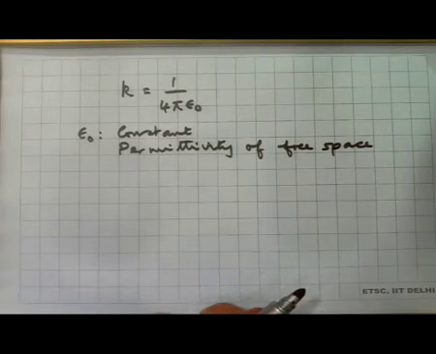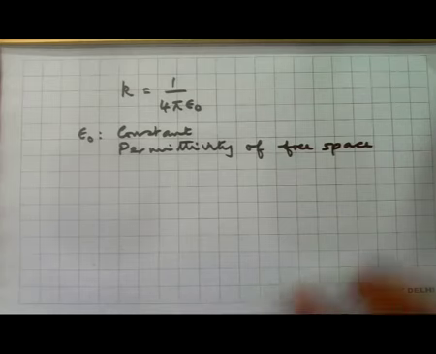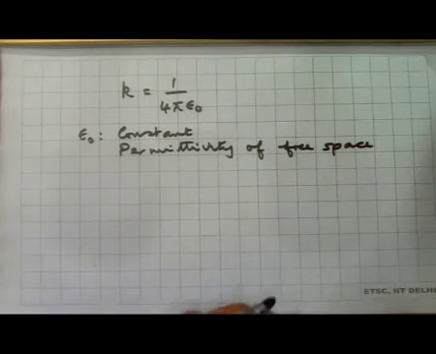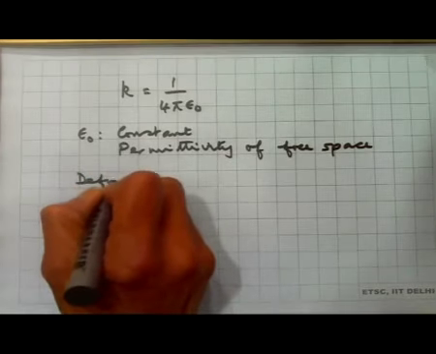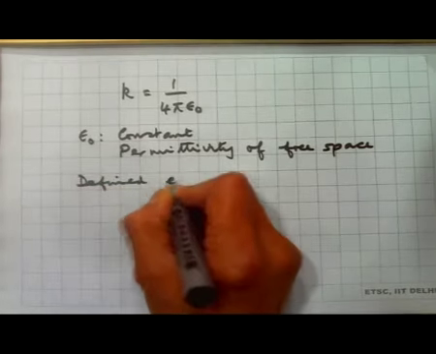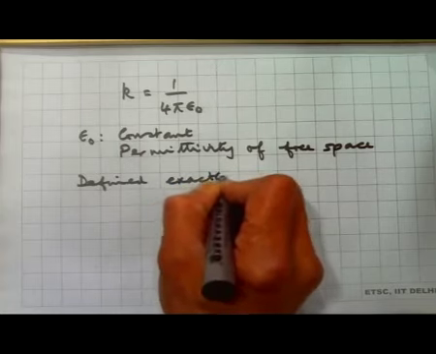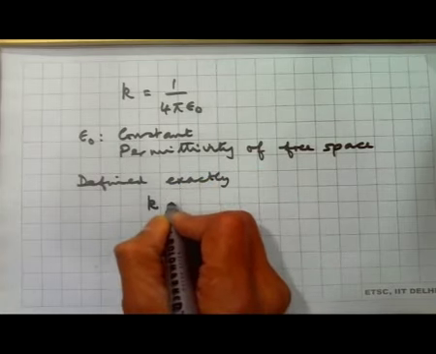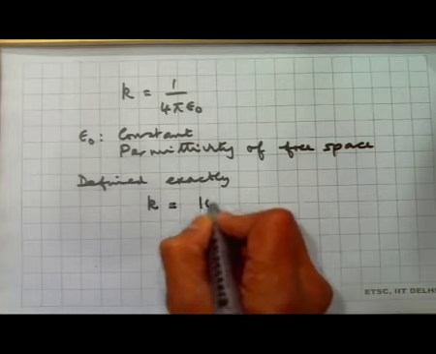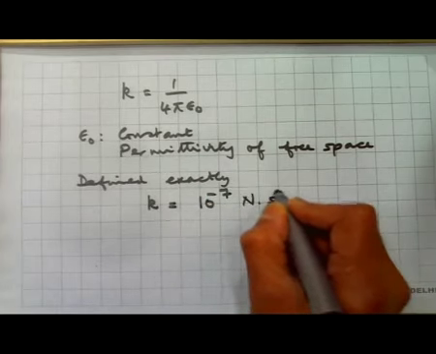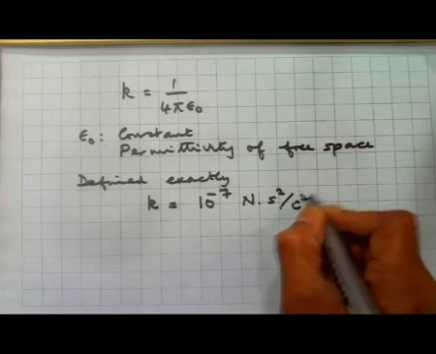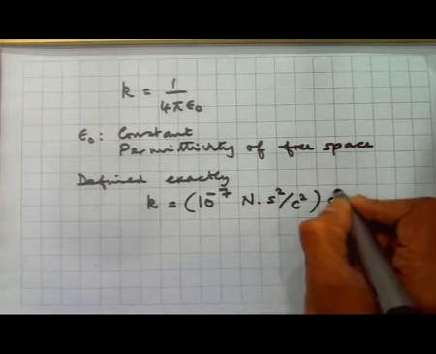Now, in one set of units, which is the SI units, which is what we will be using primarily through the course, K is defined exactly as K is equal to 10 to the minus 7 Newton second square by Coulomb square into c square.